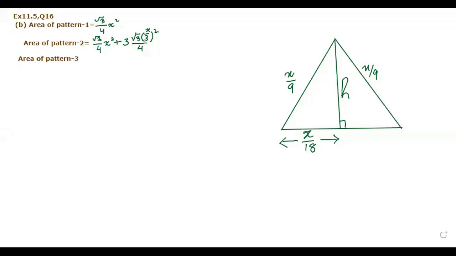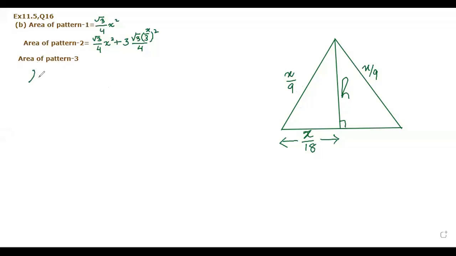Now the area of pattern 3 is basically finding the area of red triangles and then the black triangles. So we will find the area of one black equilateral triangle, which has a length of x upon 9 on each side. We have to find the height at first.